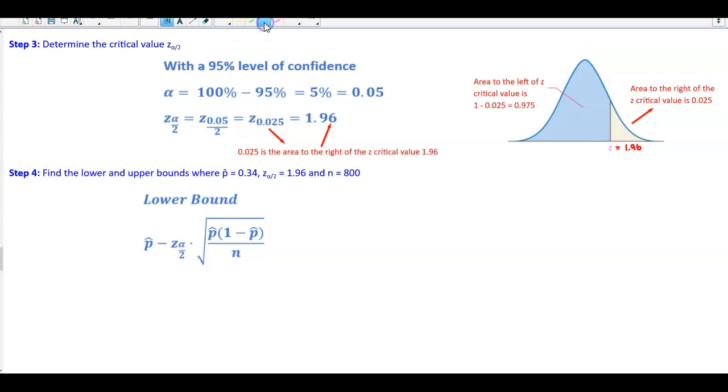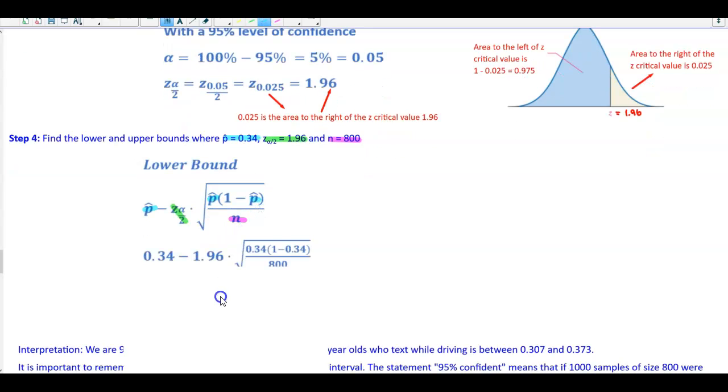We know that P is 0.34, the critical value is 1.96, and the sample size is 800.